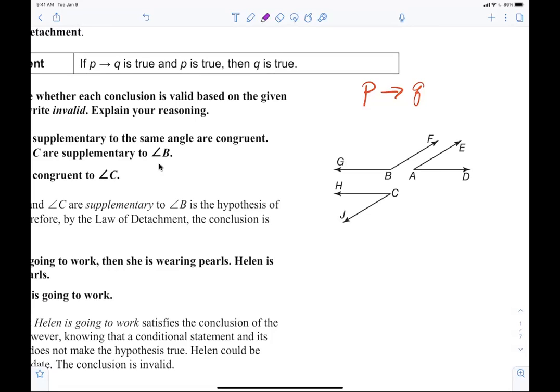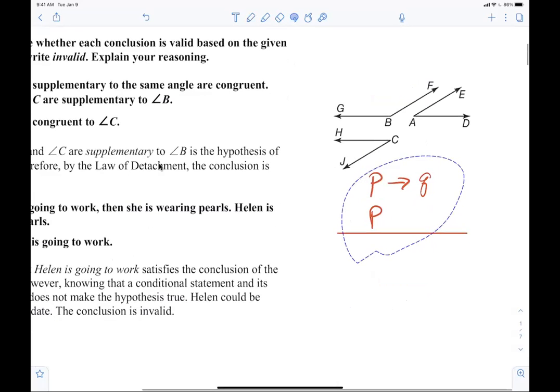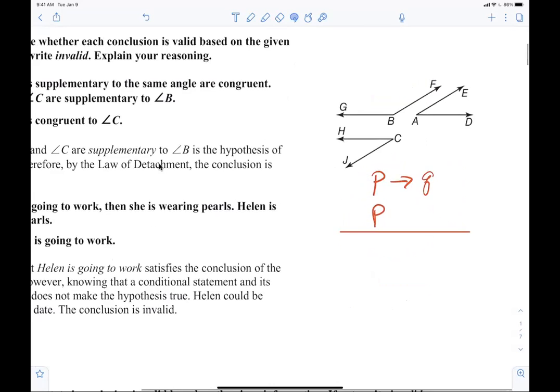Now, if someone comes along and says P is true, all right, I'm going to move it down. Then what can you conclude? Q is true. Q must be true. And then we write this, and later on in college, hopefully, for those of you who study, you'll learn all these symbols.